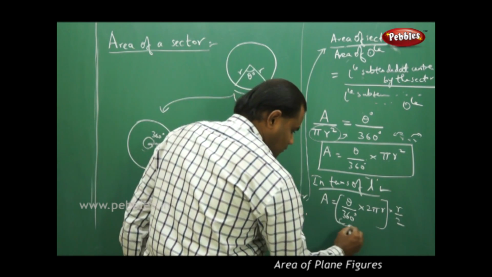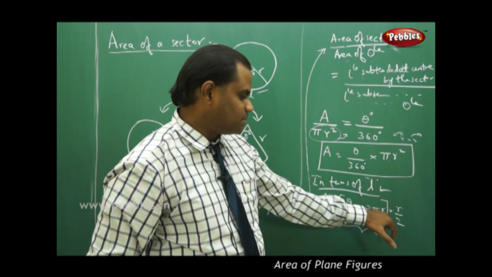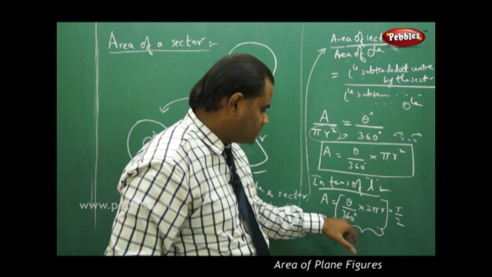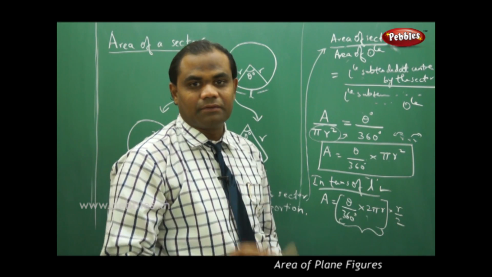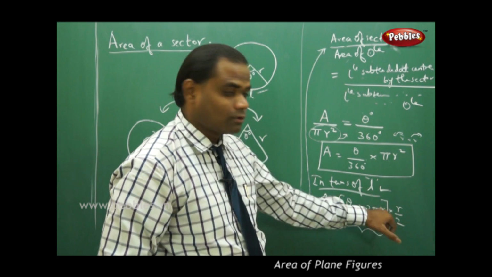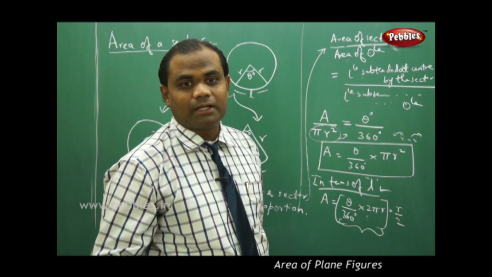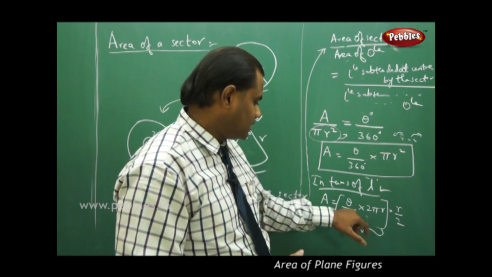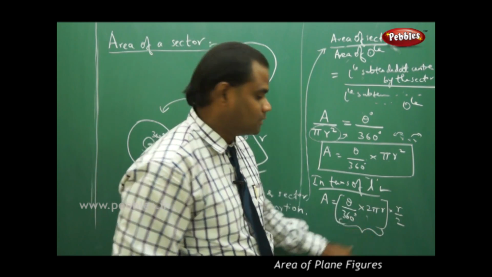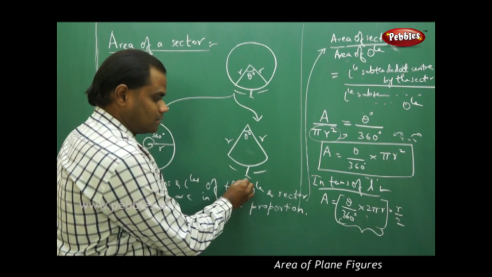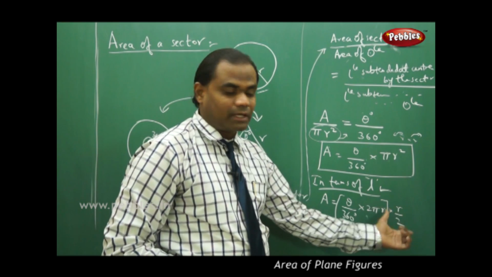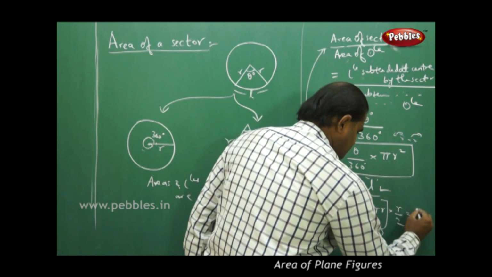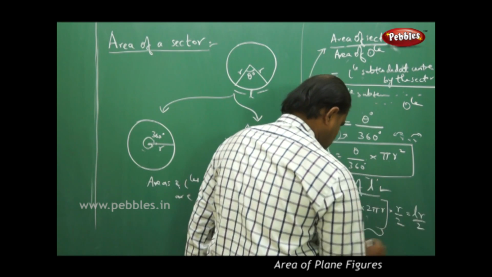But the reason I wanted to multiply and divide by 2 and split the r is that I have a ready-made formula for this, derived in the previous case, where the length of arc was theta by 360 into 2 pi r. Hence, this is the length of arc, which is L. In place of this I substitute L so that I get LR by 2.